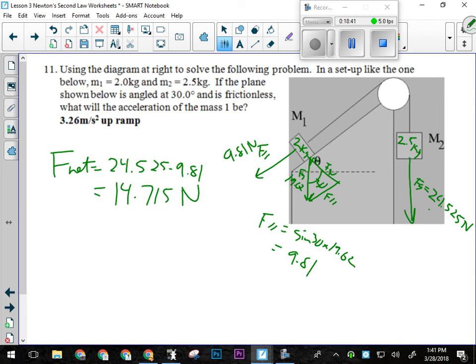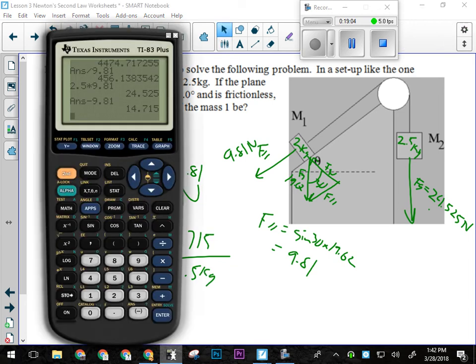That's on the system. Now I can calculate the acceleration of the system, and of the individual masses, without vectors. The acceleration of the system will be F net divided by mass, so 14.715 divided by the mass of the system, which is 4.5 kilograms.